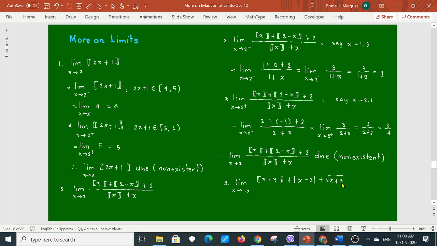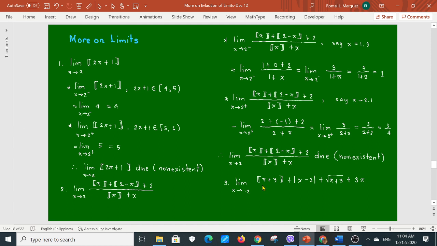Because it is a union of different types of functions. So we have a greatest integer function, absolute value function, square root function, and a monomial function, which is actually under a polynomial function, a linear function.